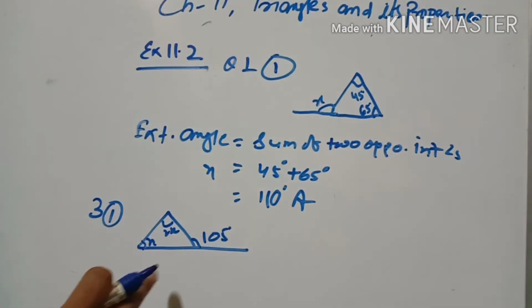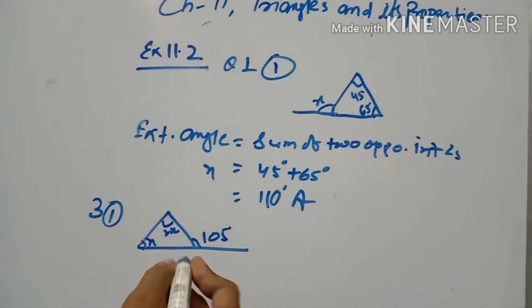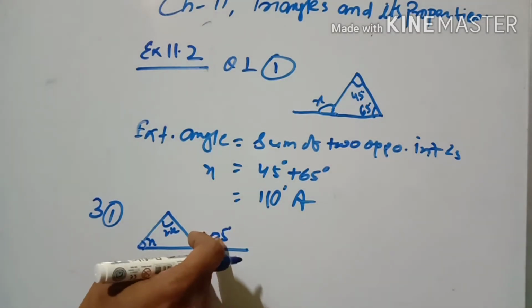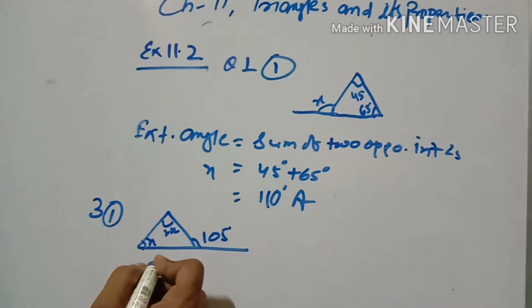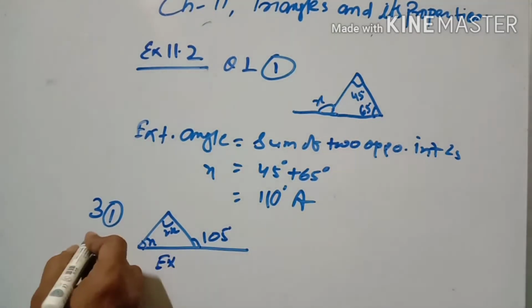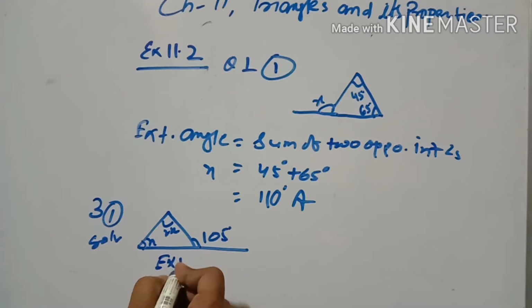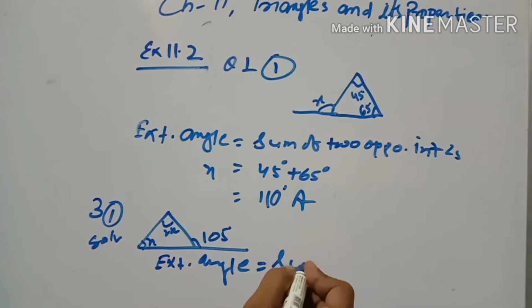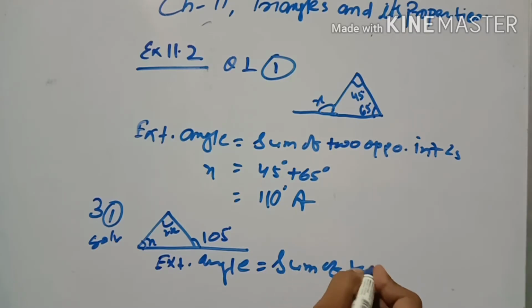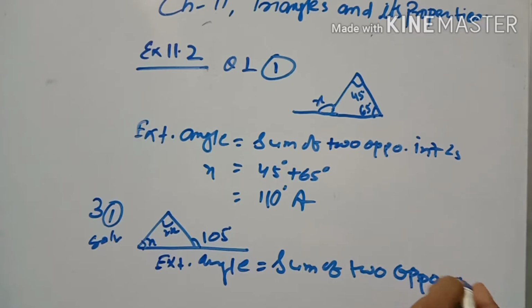Question number 3 first, according to your figure, find the value of x. Same, because as we know, this is exterior angle, this is opposite interior angle. So exterior angle equal to what? Write down solution. Exterior angle equal to sum of two opposite interior angles.